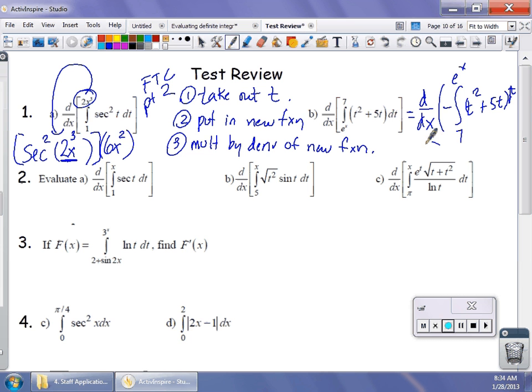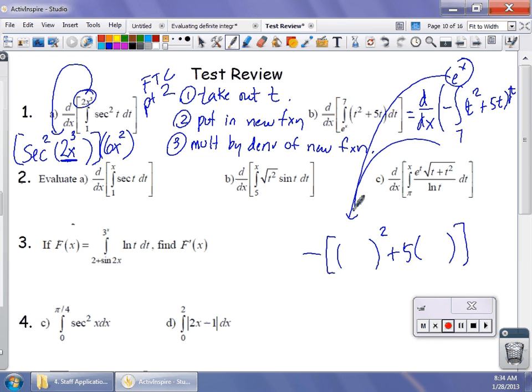Alright, so now when I find the derivative, there's my negative. Take out both t's. Put in the new function, which is e to the x, so it goes here and here. So there's e to the x, and then multiply by the derivative of the new function.